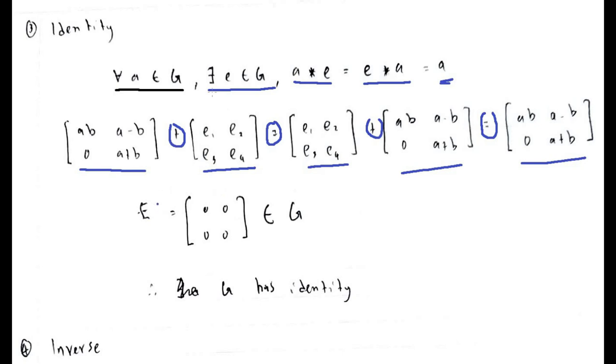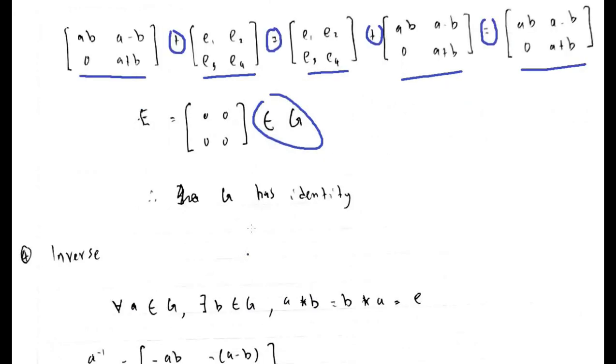So for the element E, which is 0, 0 is included in the elements of G, so G has an identity.